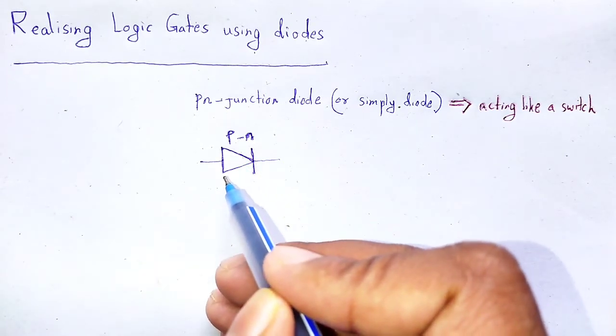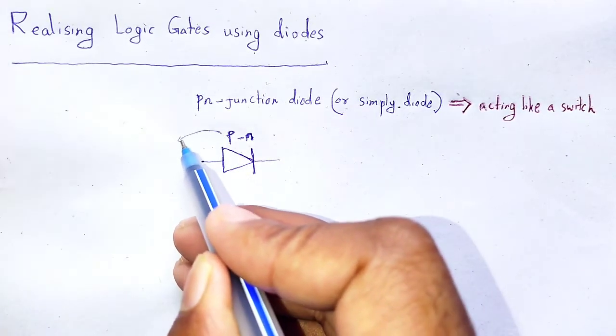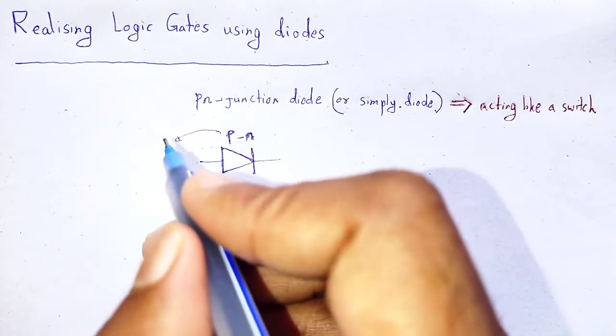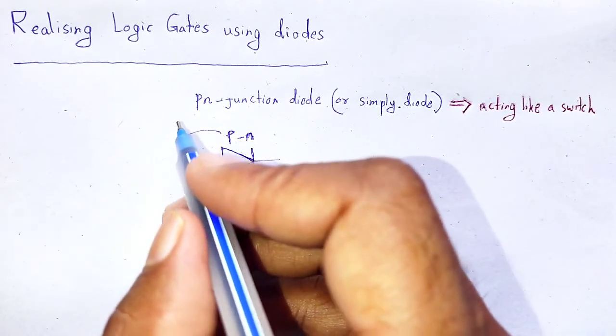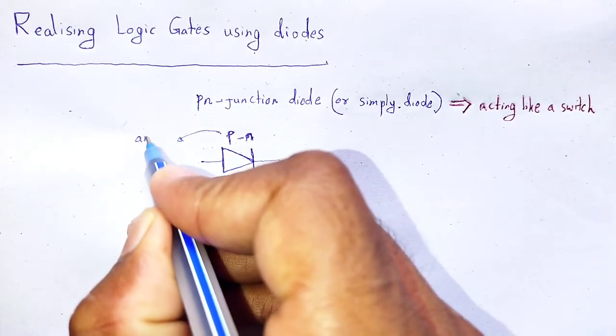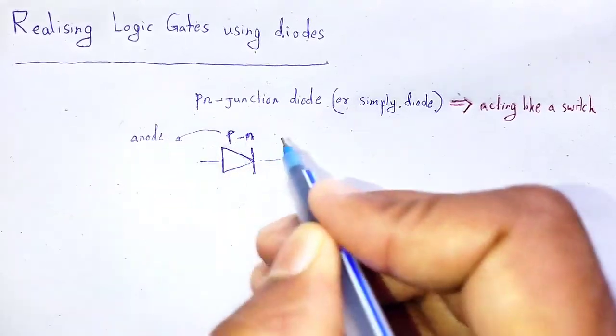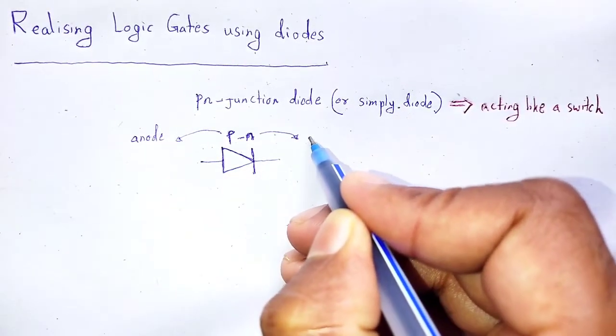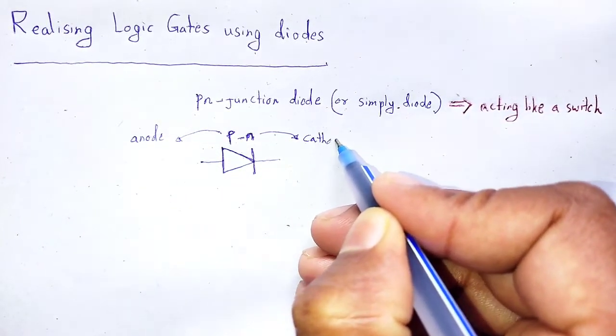The P type is known as the anode, and the N type is known as the cathode.